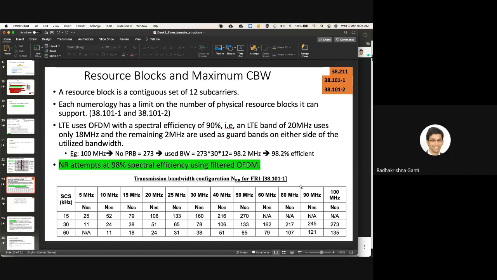The basic idea was that the transmitters became more complicated, so you have to do more processing on the transmitter side. One thing we learned is that OFDM has a slower decay in the frequency domain, so you see more skirts.